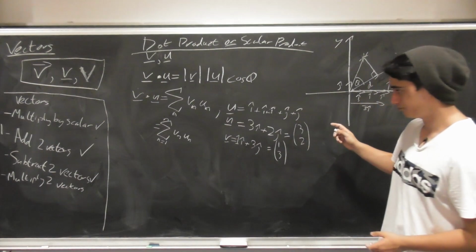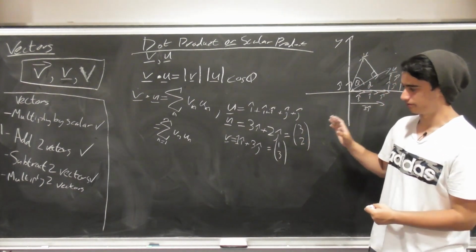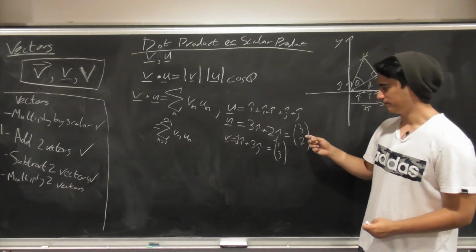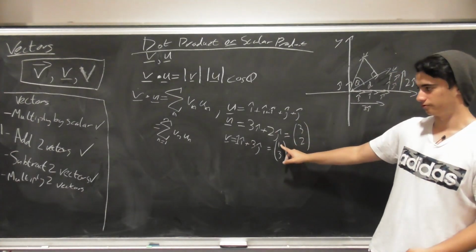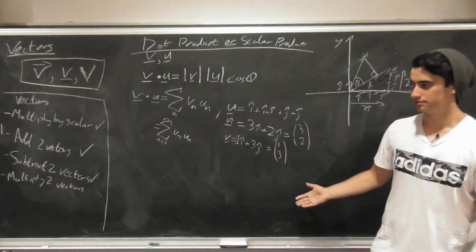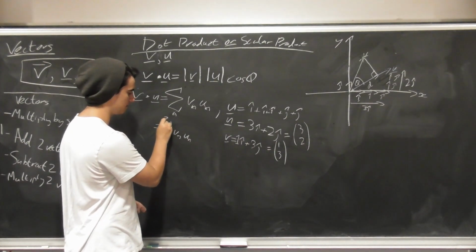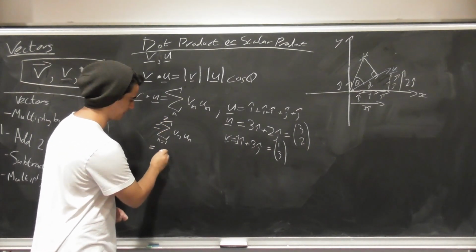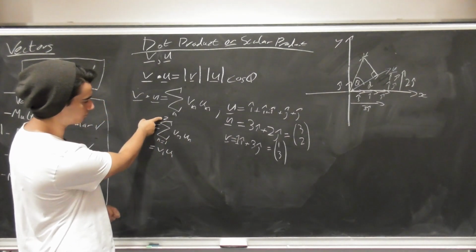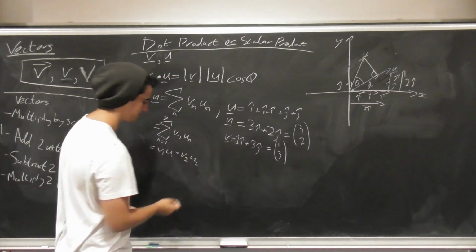So now that we've defined our u and v in component form and in our new vector format, we can see clearly that this 3 and this 1 are the first components, and this 2 and this 3 are the second components. So when n equals 1, we have v1 times u1, and when n equals 2, which is our upper limit, we have v2 times u2.